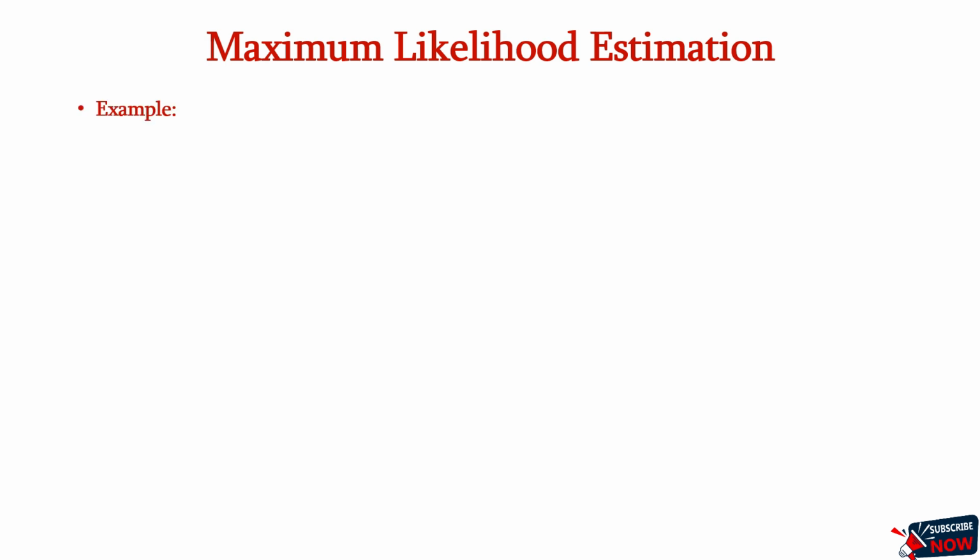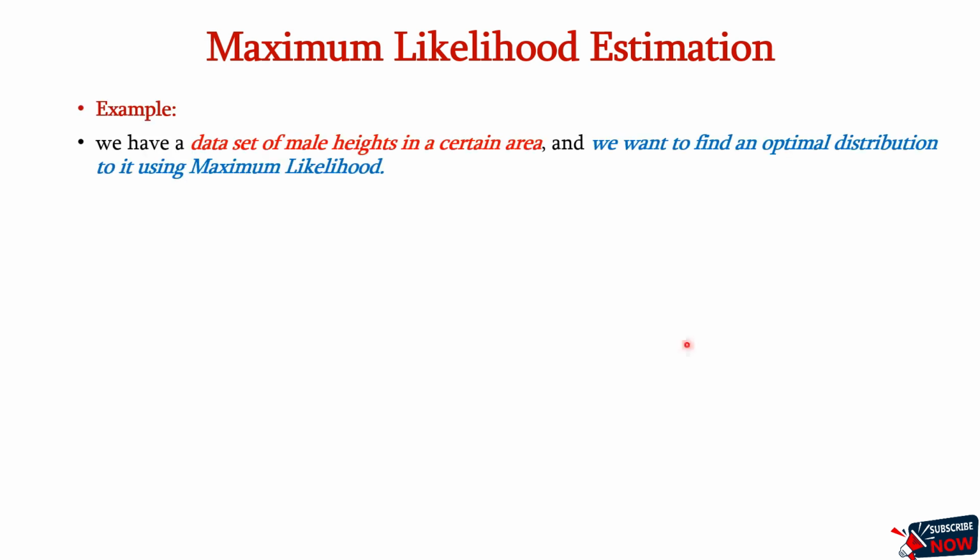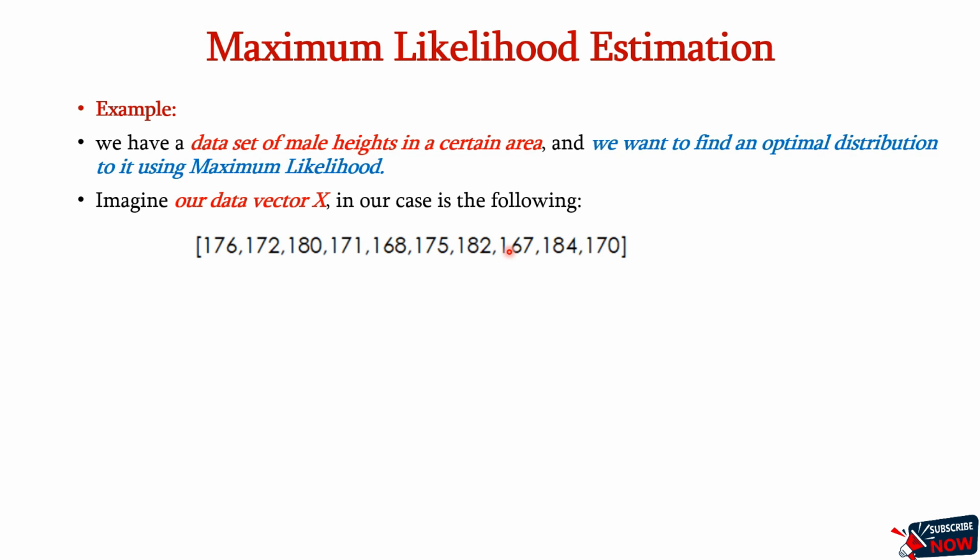Let us apply this concept with an example. So we have a data set of male heights in a certain area, and we want to find an optimal distribution to it using maximum likelihood. So imagine our data vector x in our case is the following. So we have 10 data points here. So the mean for these data points is 174.5, which we get by applying this data set in the formula given here.